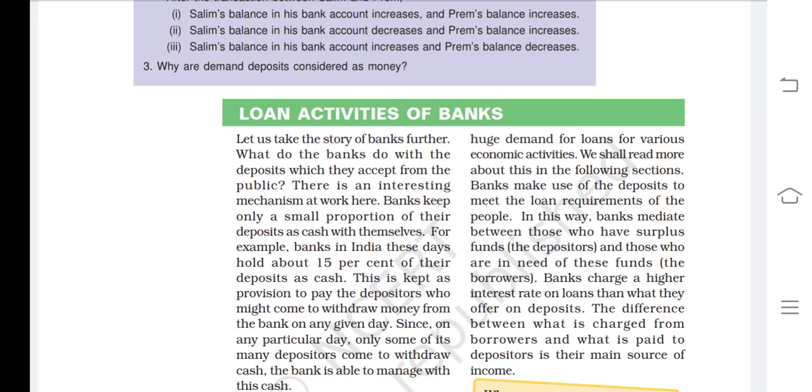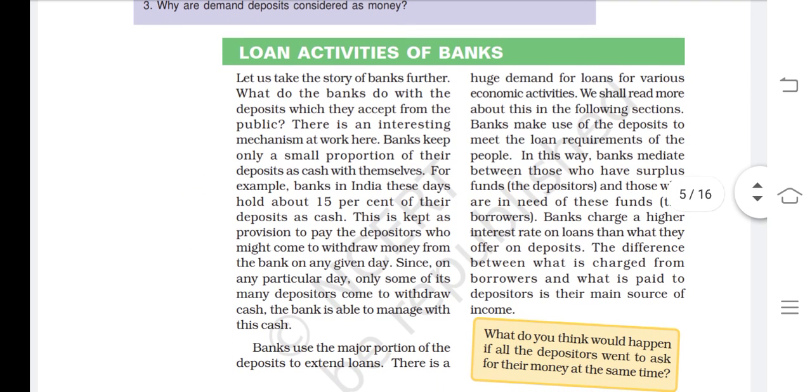This is kept as provision to pay the depositors who might come to withdraw money from the bank on any given day, because any individual can come and withdraw money. On any particular day, only some of its many depositors come to withdraw cash. The bank is able to manage with this cash.